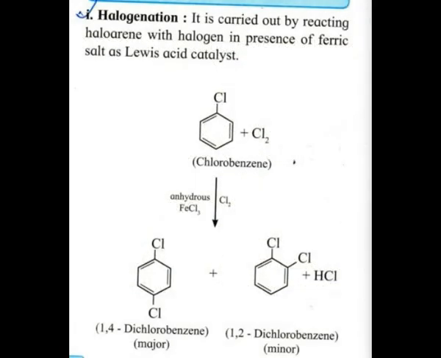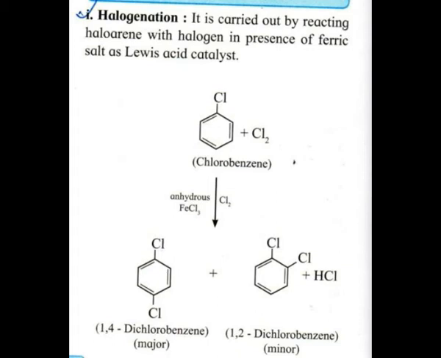The next few simple reactions of aryl halides are as follows. First, halogenation. It is carried out by reacting haloarene with halogen in presence of a ferric salt as Lewis acid catalyst.